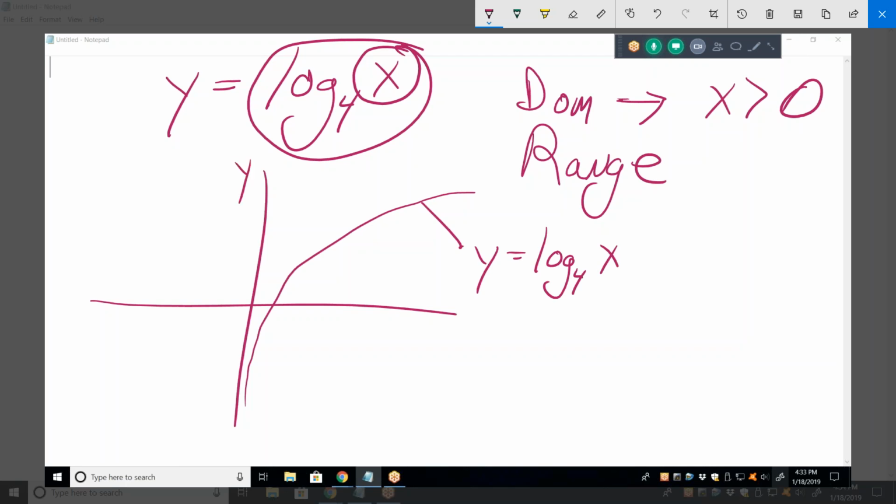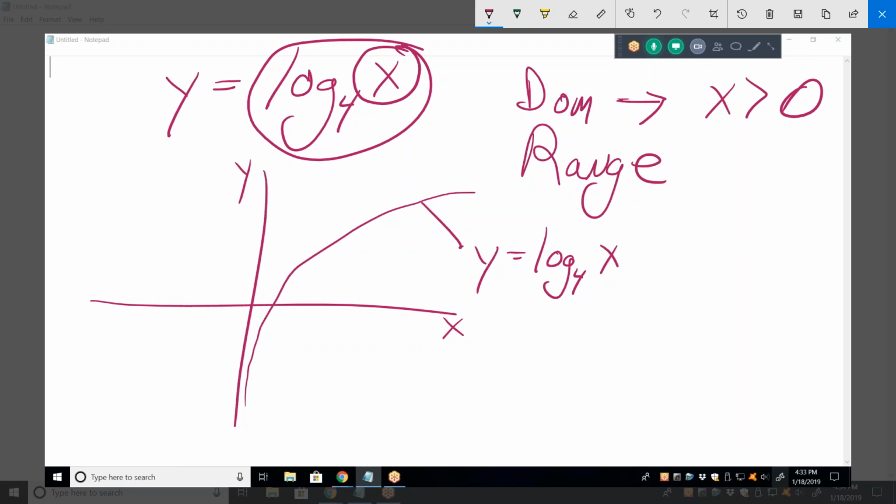That's the y-axis. That's the x-axis. So tell me, first of all, which variable does the range apply to? Domain applies to the x. What's range apply to?